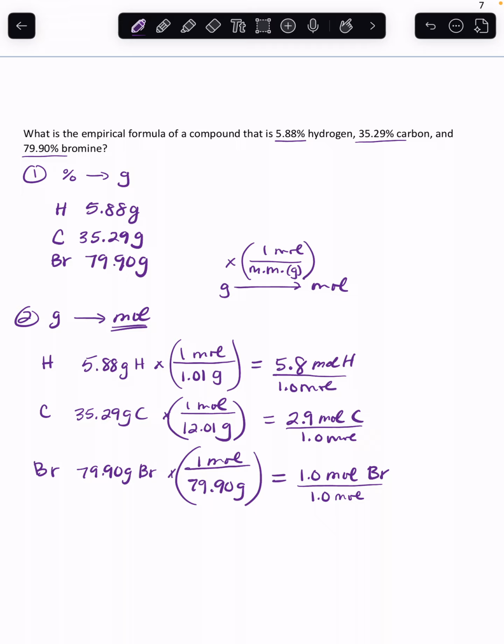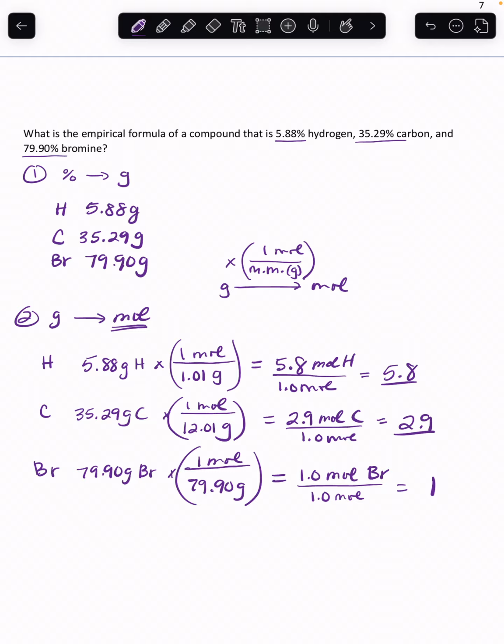I divide everything by 1, so my numbers pop out. I'm getting 1 here, a 2.9 here, and a 5.8 here. Now, the rule of empirical formula naming is I need whole numbers.